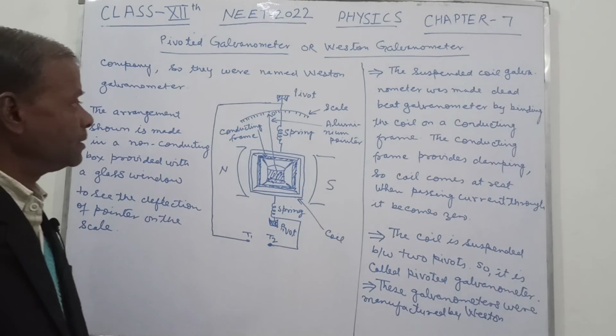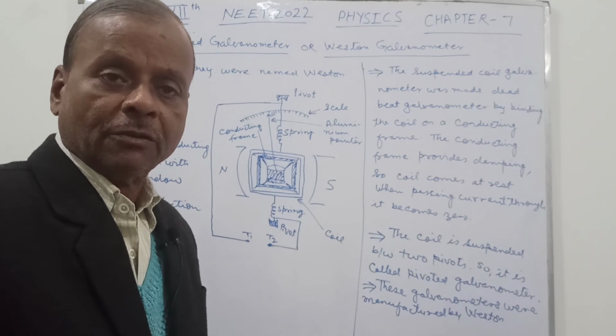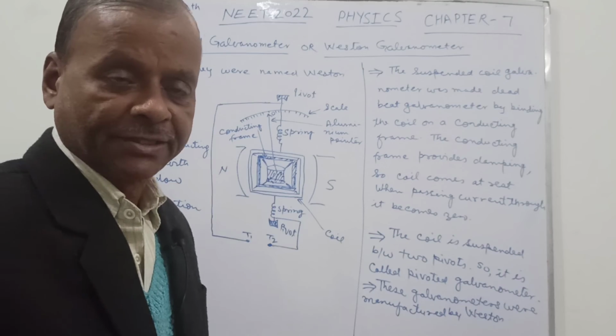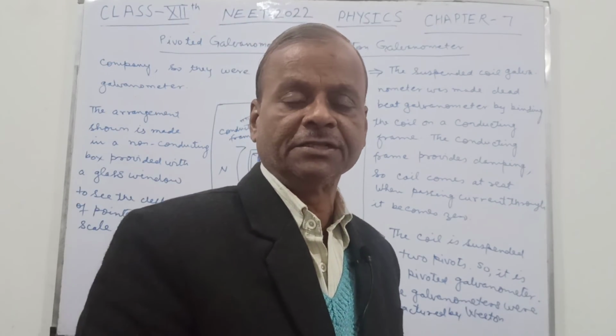Now this galvanometer is used to find the direction of the current or to detect the current in the circuit.